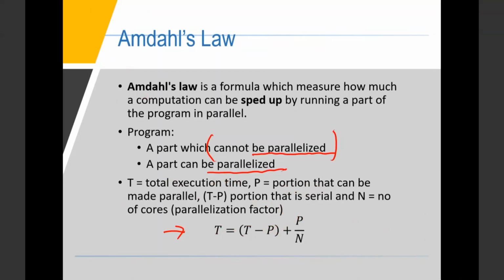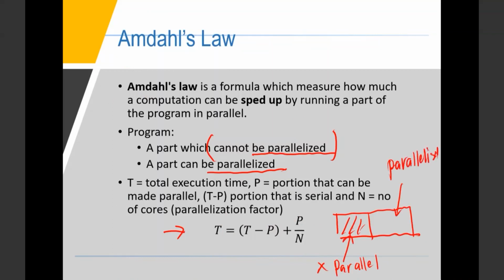This is your program, for example. This part here cannot be parallelized, you cannot do it in parallel. And this part you can parallelize.